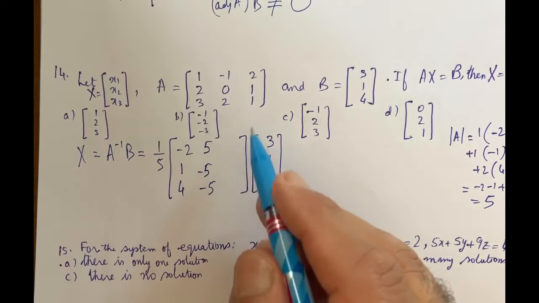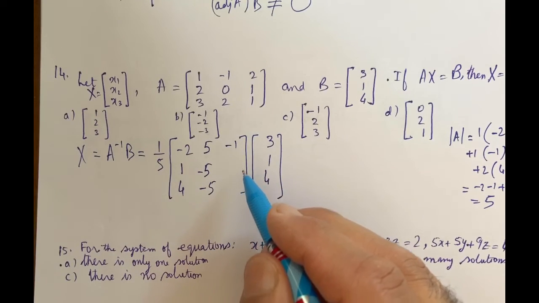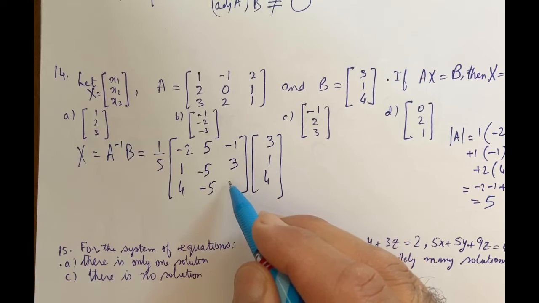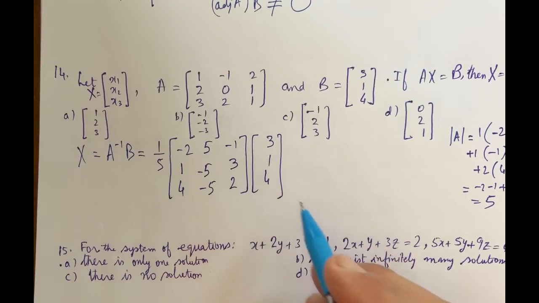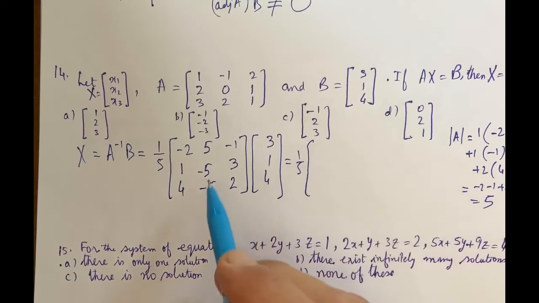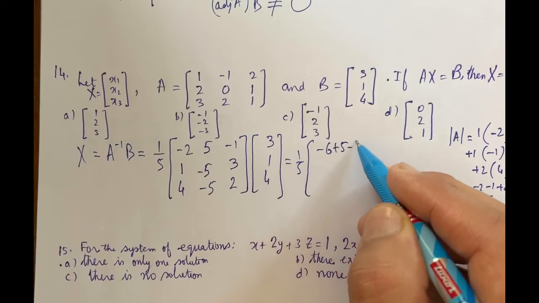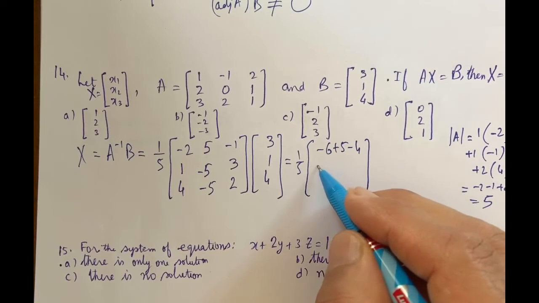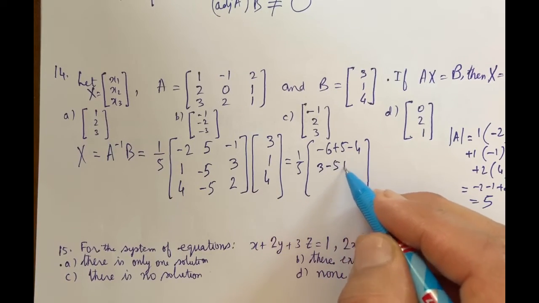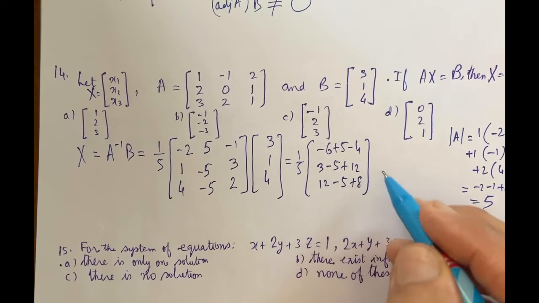Similarly for the last, this is minus 1, then 1 minus 4 is minus 3, so it will be 3, and this will be 2. So multiply, this is 1 by 4, 1 by 5, it's minus 6 plus 5 minus 4. Next it's 3 minus 5 plus 12, and 12 minus 5 plus 8.